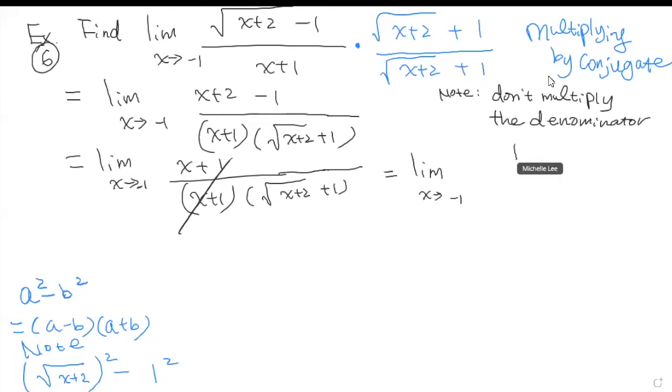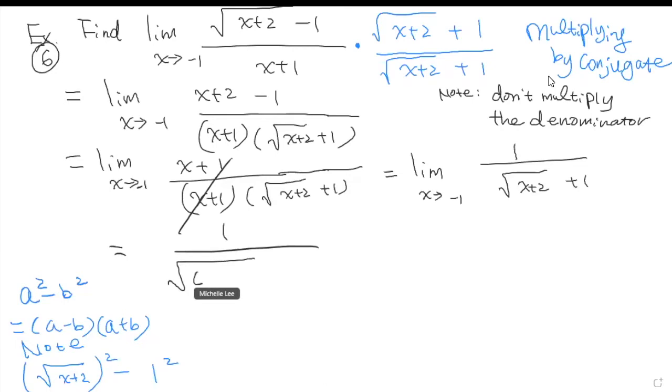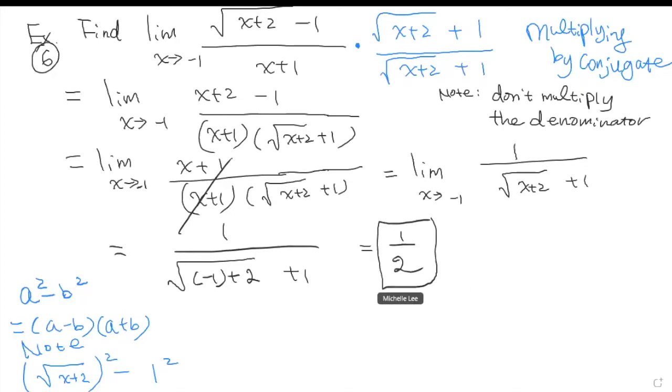So as long as we don't get 0 in the denominator, we are safe, all right? So we can just substitute right now. So 1 over square root of negative 1 plus 2 plus 1. So what do you get? 1/2. Thank you. This is the answer.